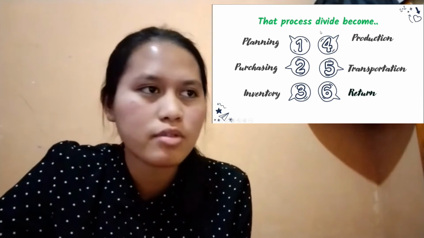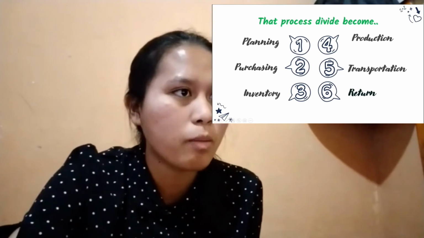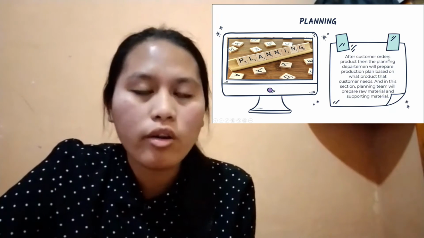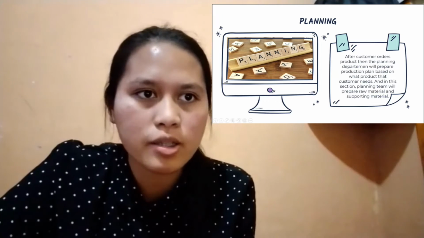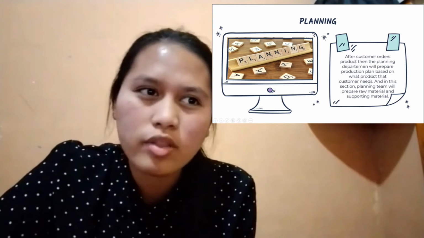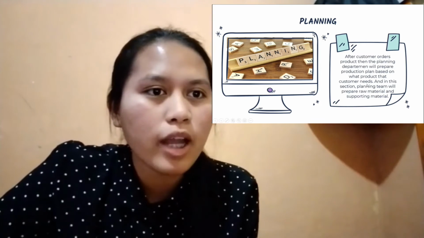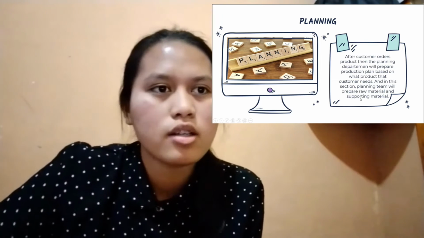After that, we'll talk about the parts of the supply chain management process. There are 6 parts of supply chain management process. And firstly, I will talk to you about planning. Planning means after the customer orders products, the planning department will prepare a production plan based on what product the customer needs. The planning team will prepare raw materials and supporting materials.